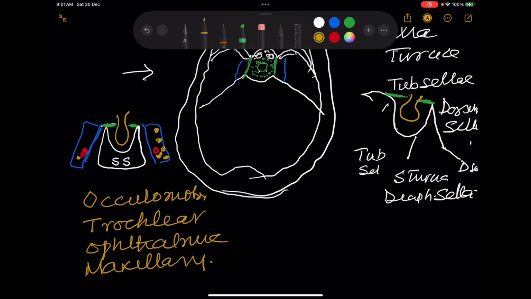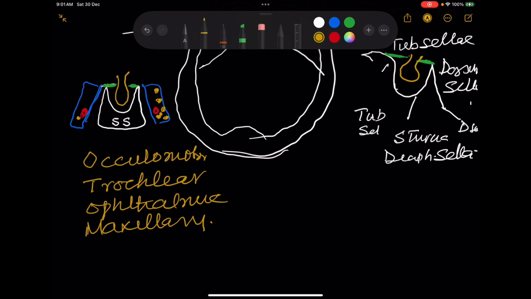Then the sixth nerve just on the side of the carotid artery is abducent, or the sixth nerve. This is the fifth nerve. And this, the oculomotor, is third, and this is the fourth.